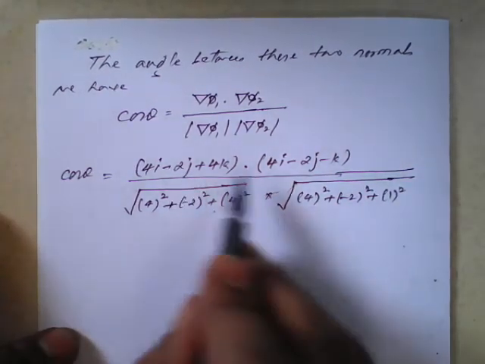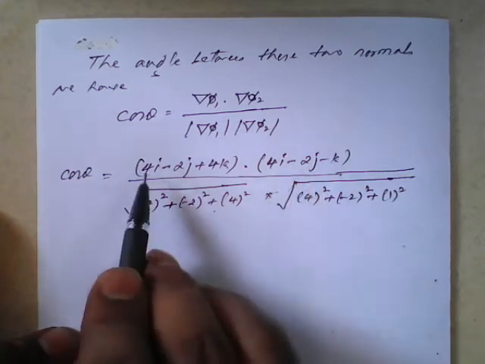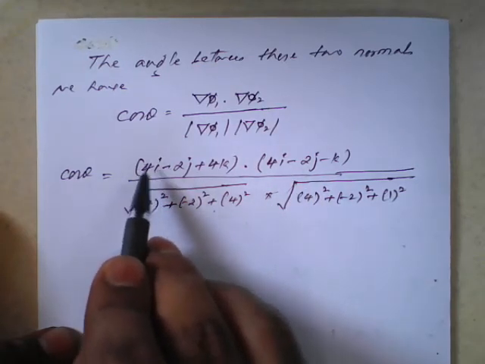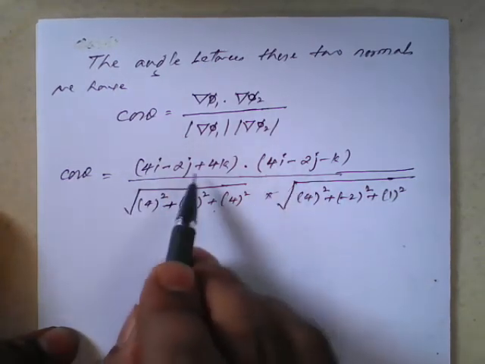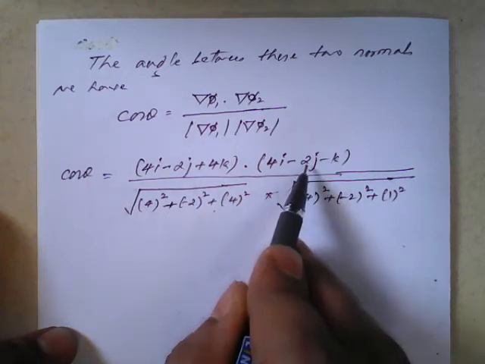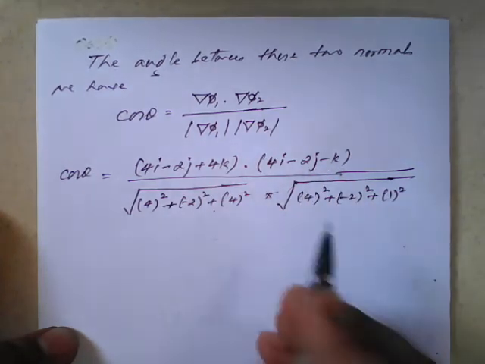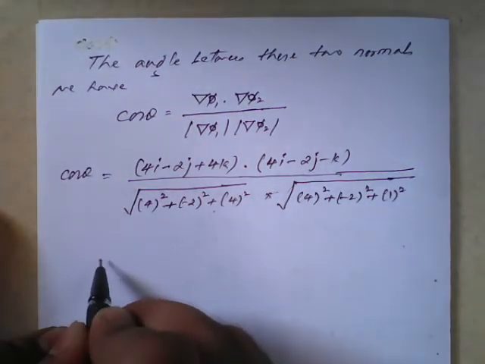Now for the numerator we have to do the dot product. Dot product means the i term multiplies with i only, the j term with j only, the k term with k, because otherwise if you multiply it will become 0.